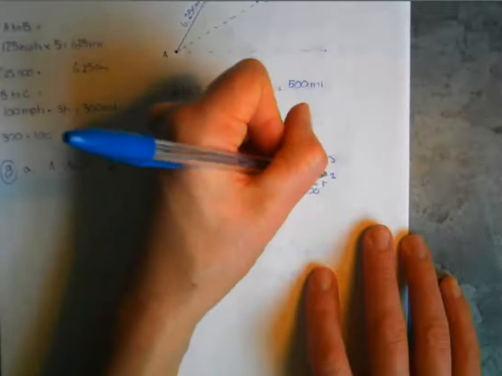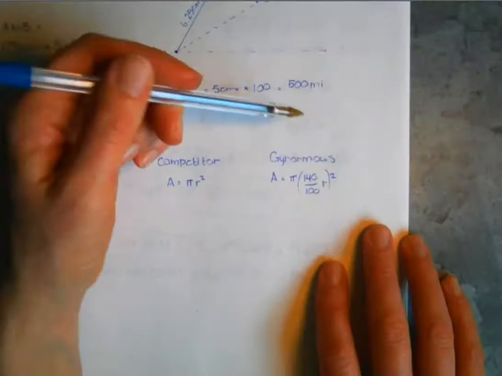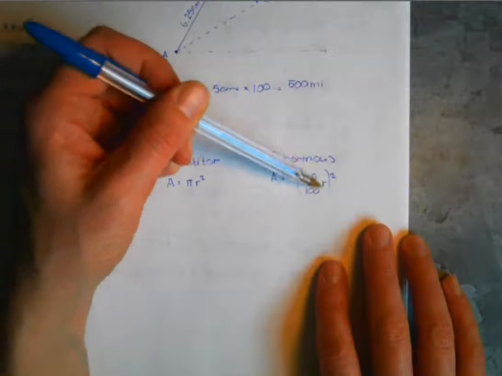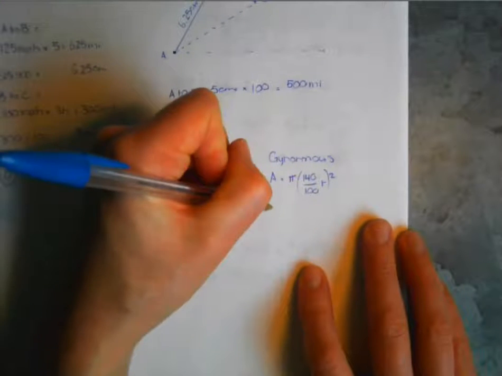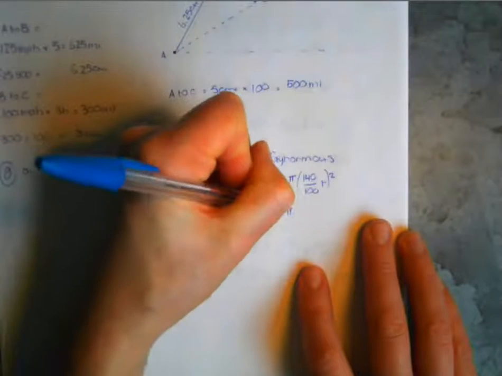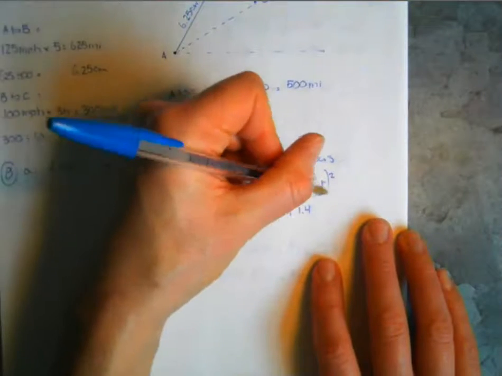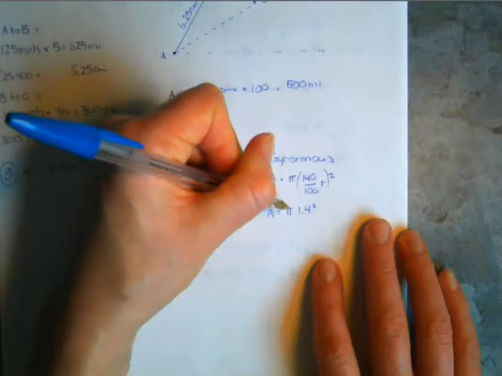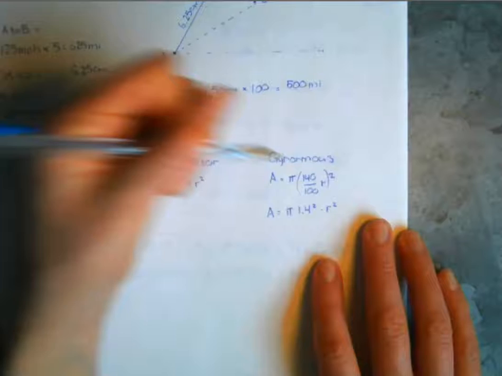Now, because you're multiplying this value by the radius, and the radius is being squared, this value also has to be squared. So to simplify it, I would do 140 divided by 100, which is 1.4. And because it's being multiplied by this thing that's being squared, we could write it out like this: area is going to be pi times 1.4 squared times radius squared.